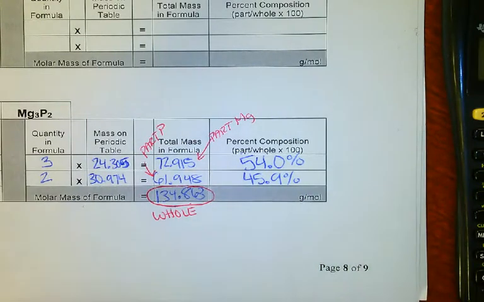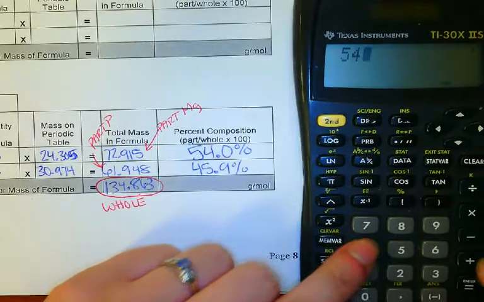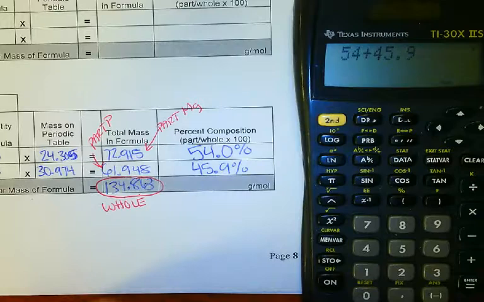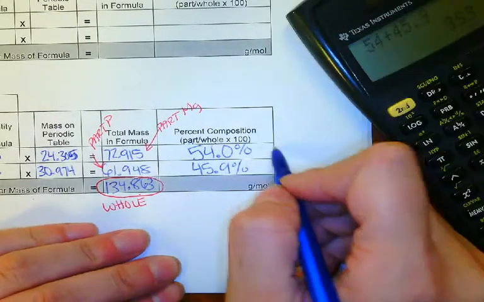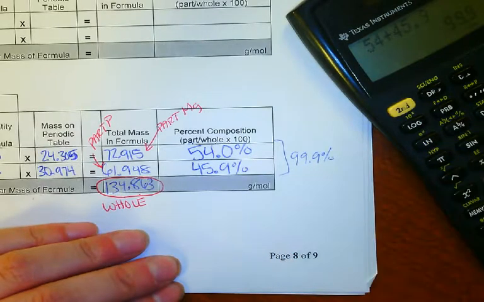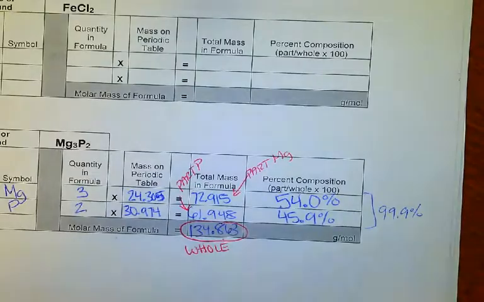If those are the only 2 things in my compound, then they should add up to that. 54 plus 45.9%, 99.9%, that's just about right. That's down to a rounding error. So I know that I did my work right, because that represents almost 100% of my mass.